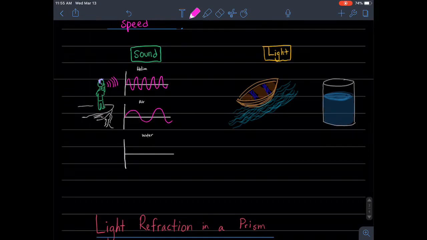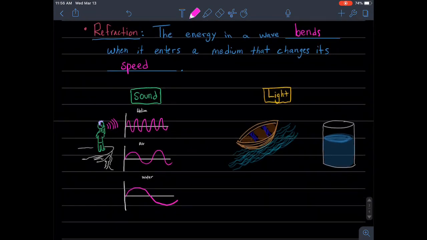So the helium molecule would be able to vibrate faster, which causes that sound to be a higher pitch. And if you go underwater and do that same yodel, then it might not even make it to the next person, because that wavelength, you need a lot more energy to make it through water. And so the sound waves are bent and they lose their energy. They're kind of almost like absorbed as it goes through the medium.